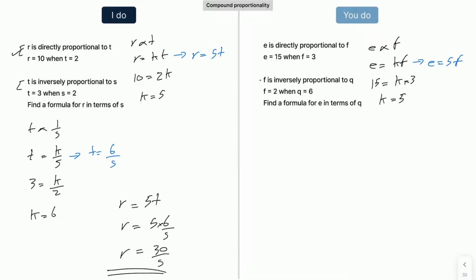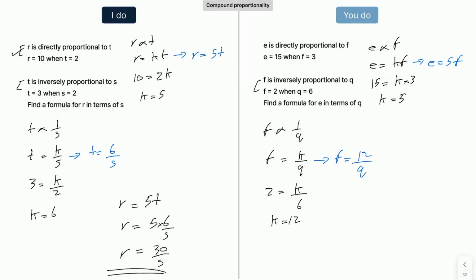Now looking at this one here, we have F is inversely proportional to Q. So F is equal to K over Q. And then F is 2, and Q is 6. K is equal to 12. We can sub that into here, so that is going to be F is equal to 12 over Q.